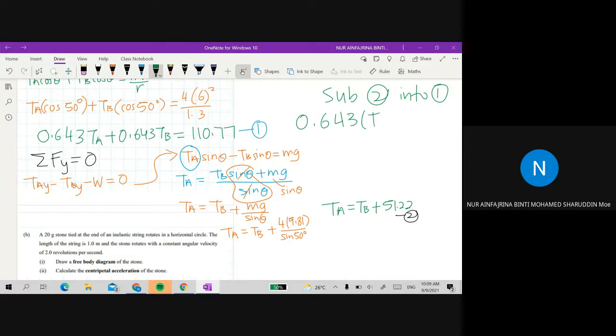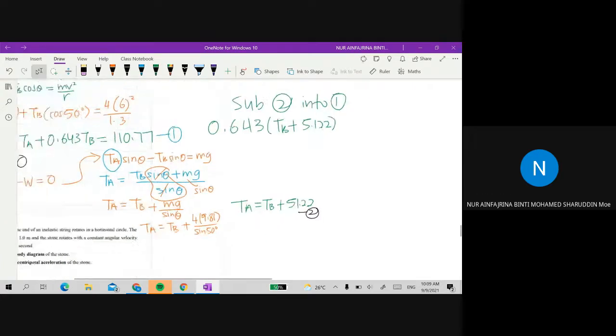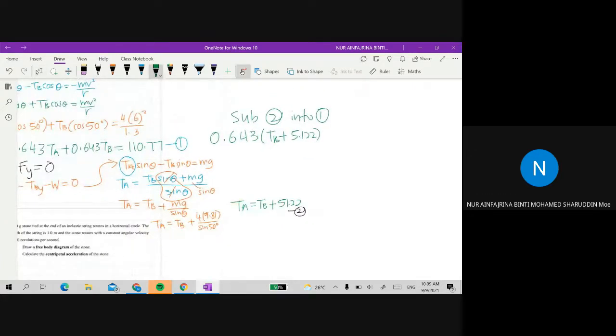So, tambah dengan TB, tambah dengan 51.22, tambah dengan 0.643 TB equals to 110.77. Okay, so you will get your TB. Miss tak tunjuk matematik tau, korang terus buat. Korang tunjuk tau, 60.53 Newton.